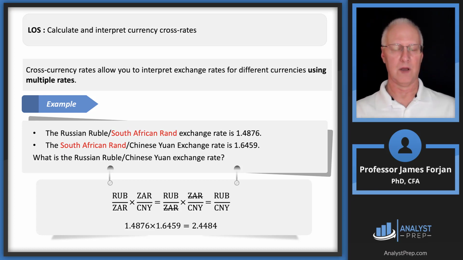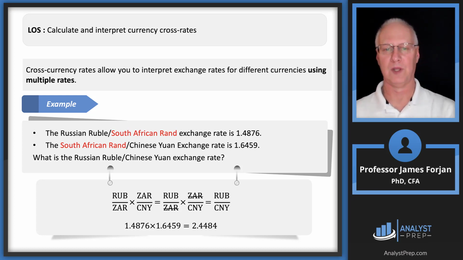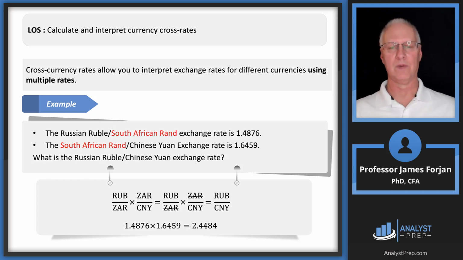And so note that we put the South African rand in red, and notice that one is in the denominator and one is in the numerator. And so all we need to do is multiply here. And that's what we've done in the gray box below. And so notice that the rands cancel, and we're left with, what is that, 2.44 rubles per Chinese currency.